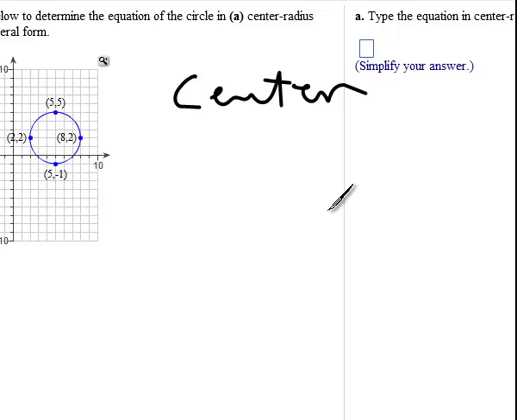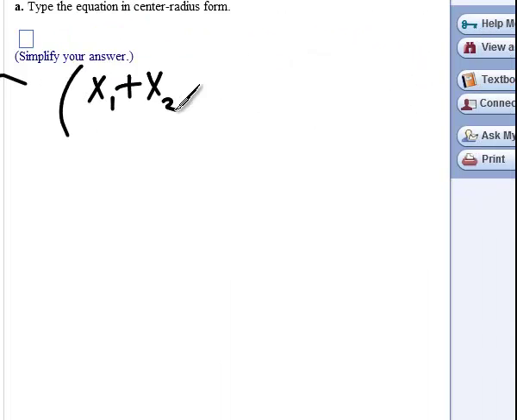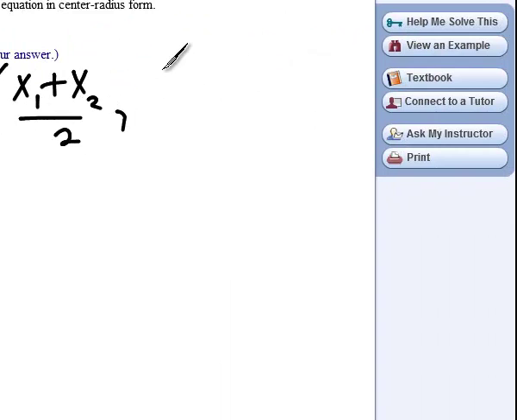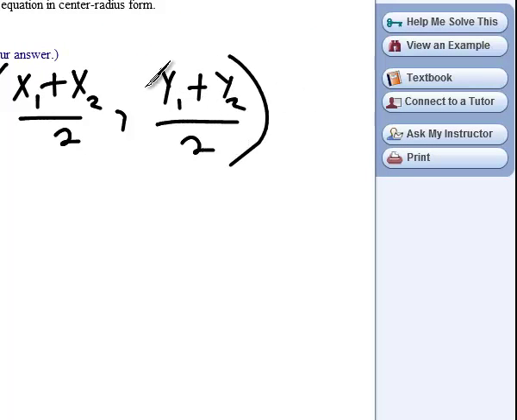Okay, we want that point right there. How do we find that point? We use one of the formulas we learned in this unit. The midpoint formula, right. x1 plus x2 over 2, write it out. y1 plus y2 over 2.